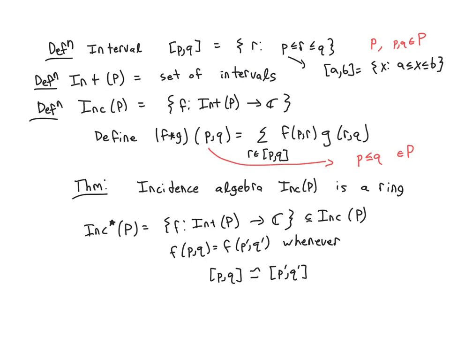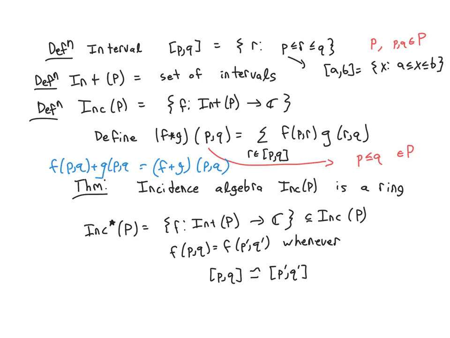We're just going to show that this convolution product is associative and that it distributes over the natural notion of addition, which would be pointwise addition, f plus g. So I'll include it. f plus g of PQ naturally should be the sum, f of PQ plus g of PQ.